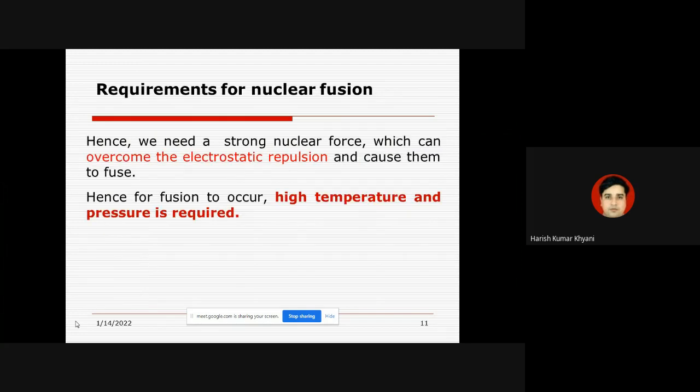So, in order to have the nuclear fusion reaction, we need a strong nuclear force which can overcome the repulsion force, right? So, in order to have the fusion reaction, we need high temperature and high pressure, right?